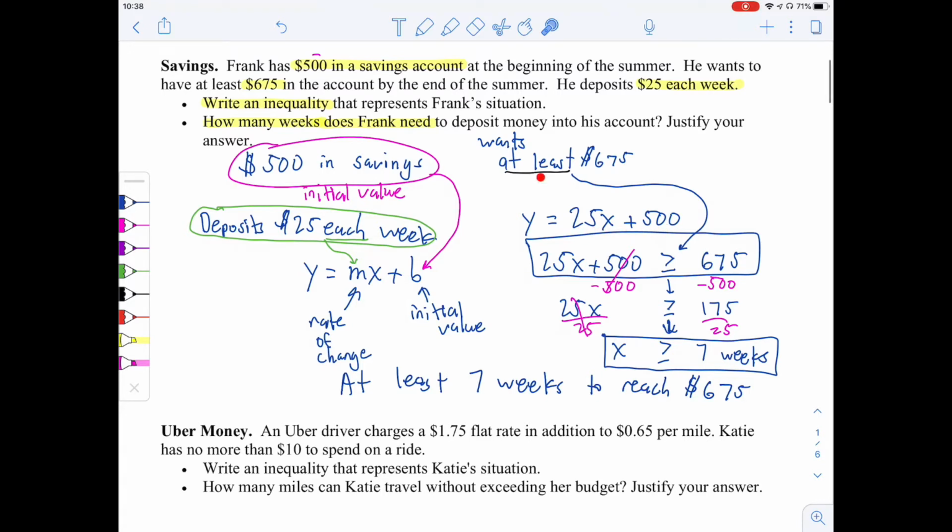We want it to be at least 675, so we make it greater than or equal to 675. Then we solve: minus 500 on both sides, divide by 25, keep our symbol, and we get x is greater than or equal to 7 weeks. So at least 7 weeks to reach $675.